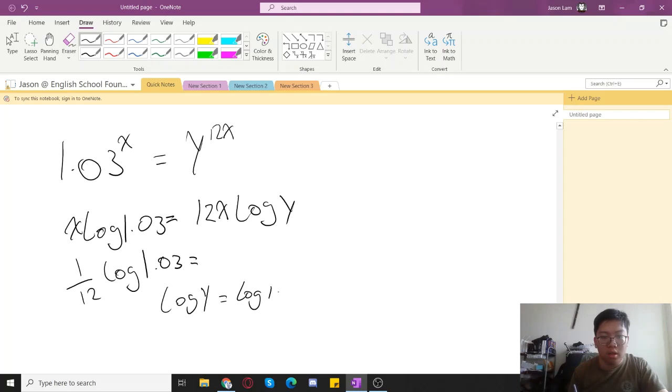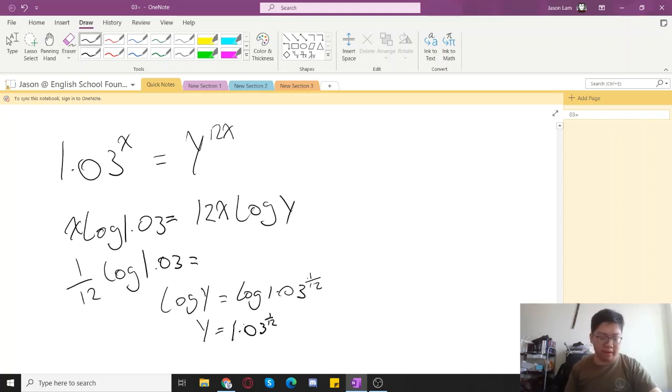Log 1.03, why do I keep writing it like that? To the 1 over 12. And then finally, of course, because log is base 10, we can remove the log on both sides. So that means 1.03 to the 1 over 12.